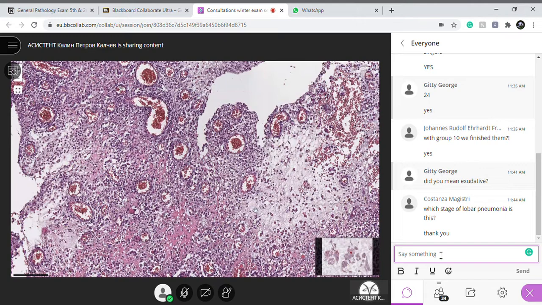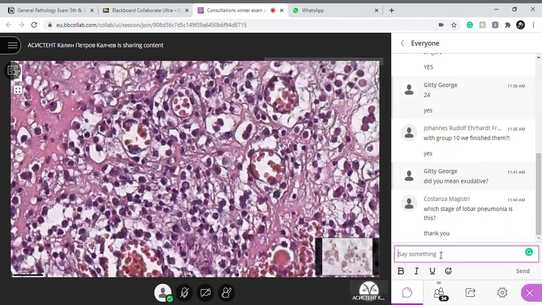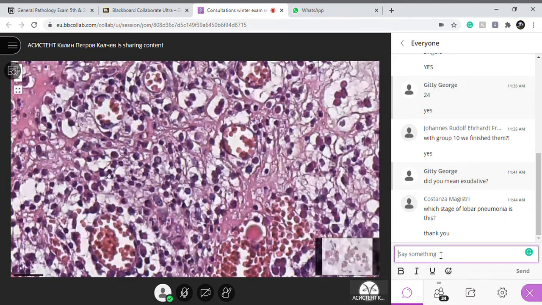In all types of chronic inflammation, we have several components. It is the mononuclear inflammatory infiltrate, and you can see here that the inflammatory infiltrate is mostly of plasma cells and lymphocytes, which are mononuclear cells. There are also some macrophages. So we have mononuclear inflammatory infiltrate, and the other component of chronic inflammation is the fibrosis.